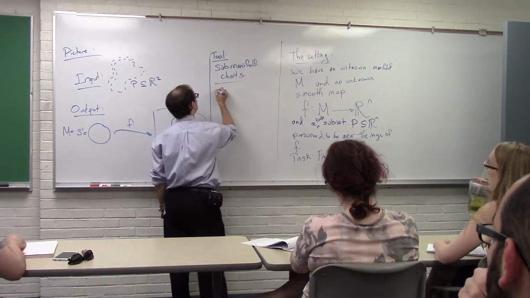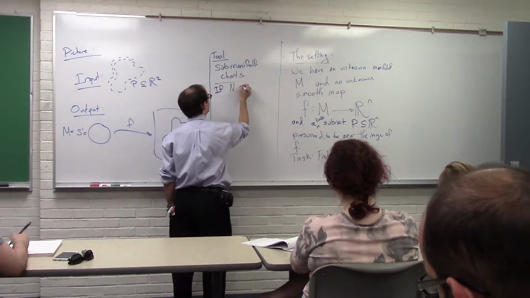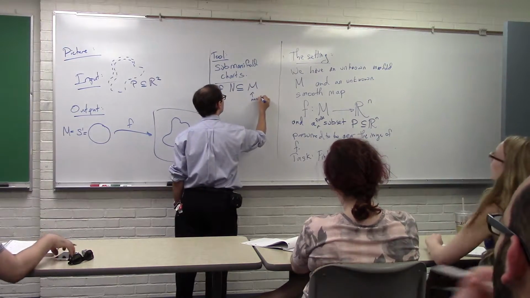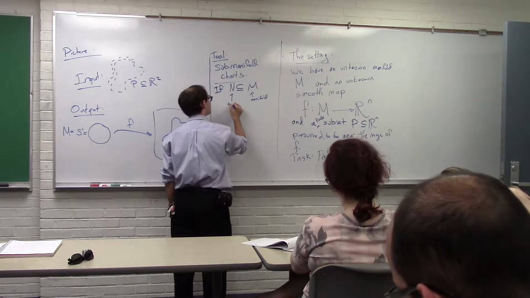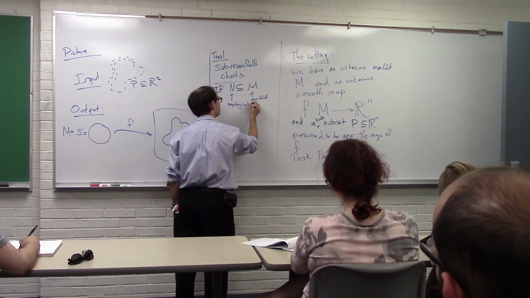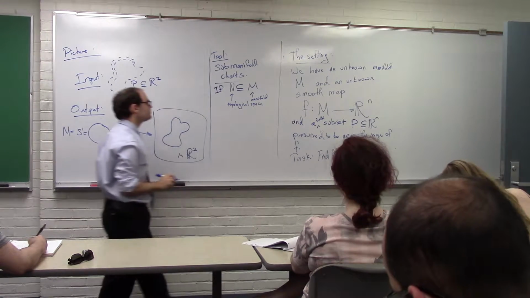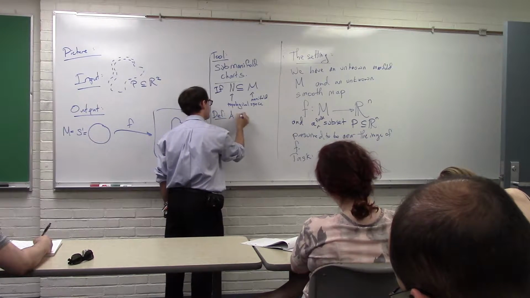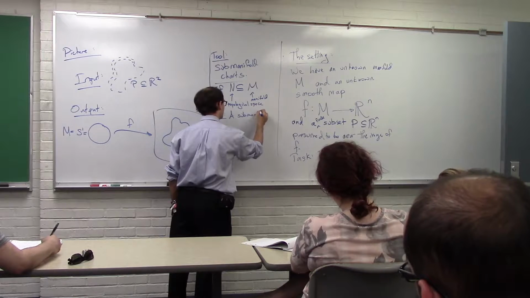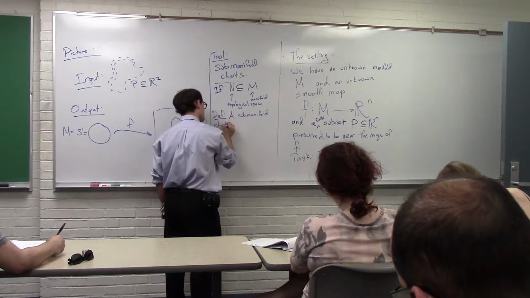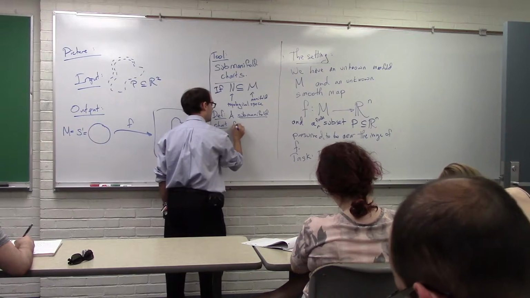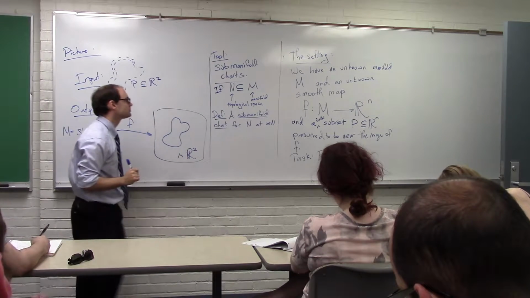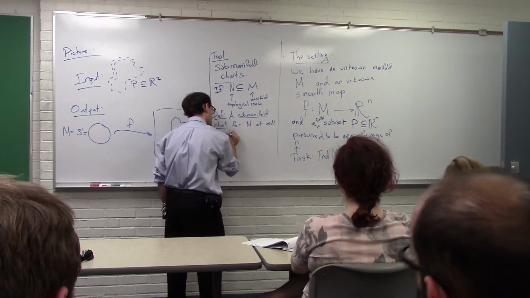So, if N is a subset of some manifold, this is a manifold, this is a topological space, a submanifold chart for N at X in N is a chart.